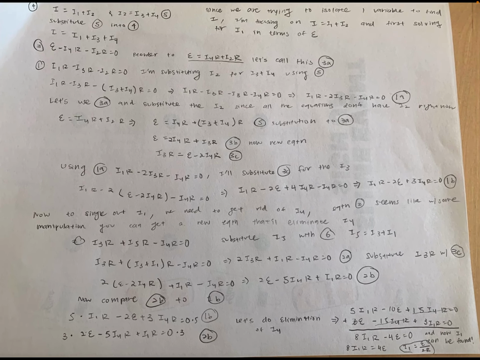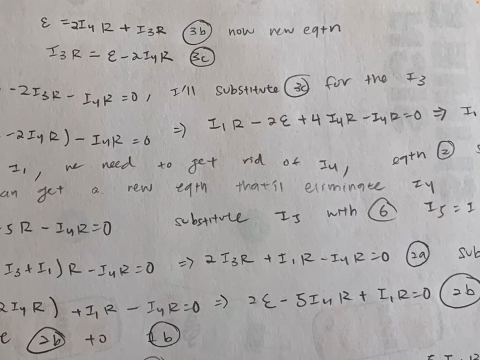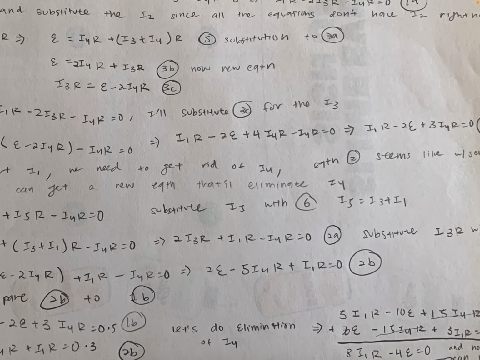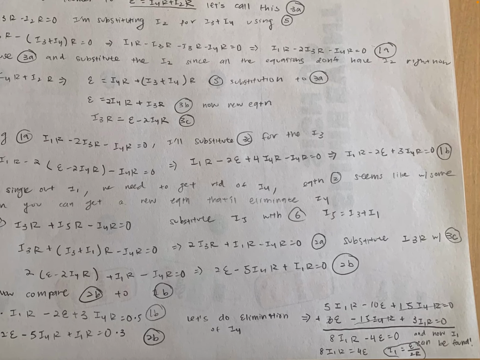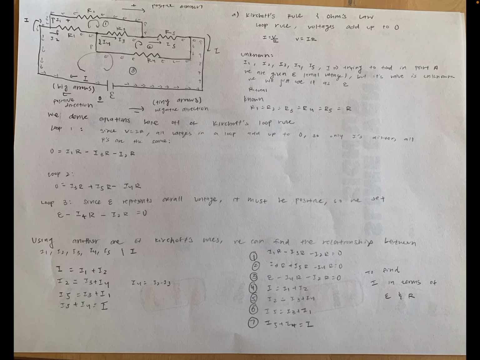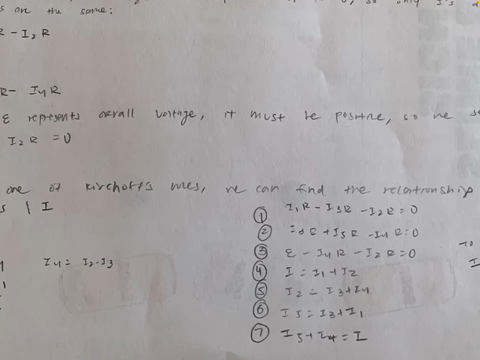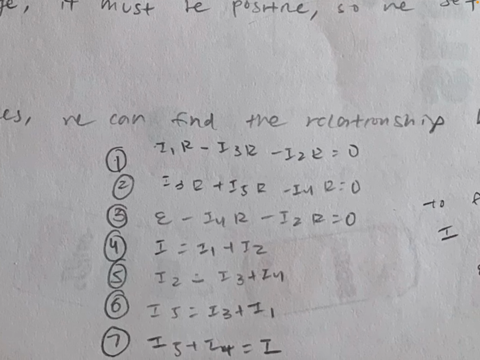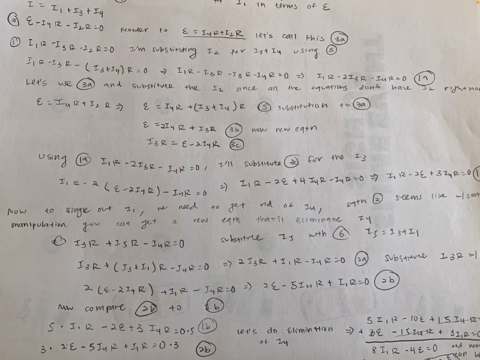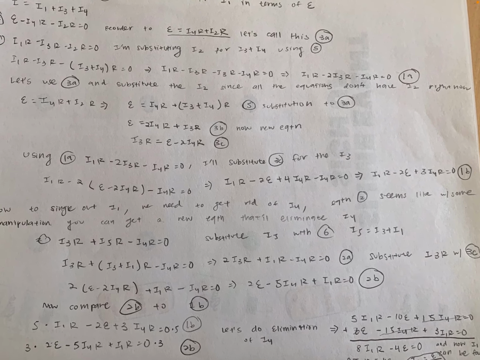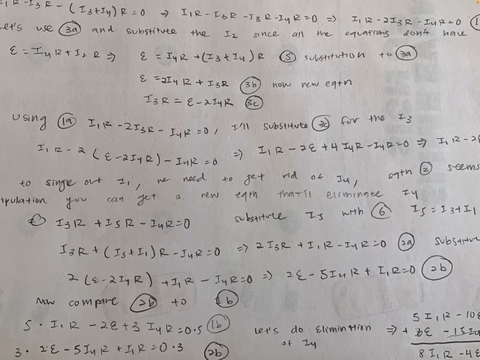So now to single out I1, we just need to get rid of I4. And equation 2 from the previous list, let me go back to it, right here: I3R plus I5R minus I4R equals 0. It looks quite similar, like it could be manipulated into this to get rid of I4.